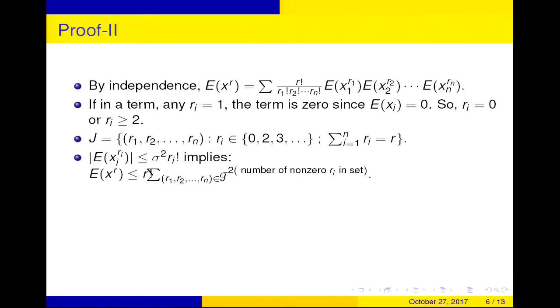So the expected value of X_j to the R, this is from the last slide. If I raise to the Rith power, I get only Ri factorial. This was a hypothesis, an assumption, right? Therefore, that cancels out, and you get this.